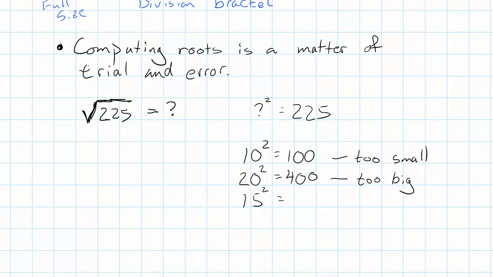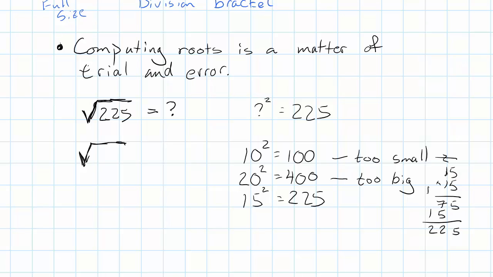15 squared? Well, that'll be, let's see, 15 times 15, 25, 5, 7, 5, 1, 5, 12, 2, 225. We've successfully guessed right. 15 squared is 225.